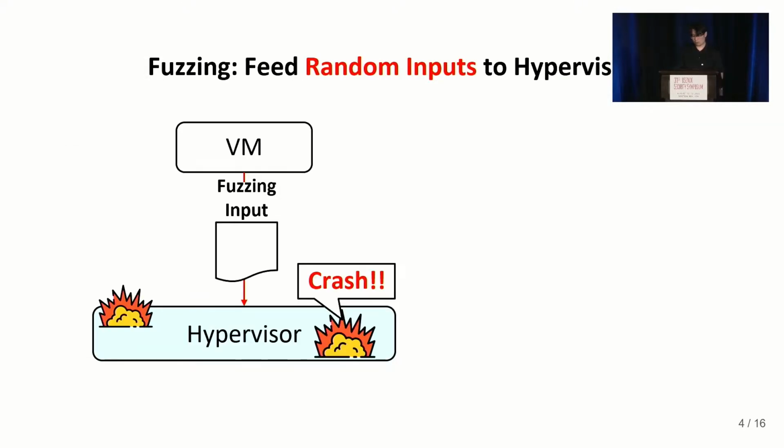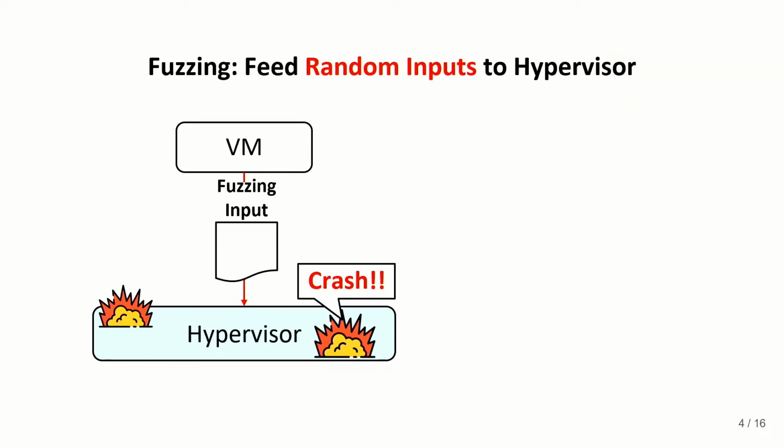One effective way to identify vulnerabilities is fuzzing. Fuzzing keeps generating random input and providing it to a target software. During the fuzzing, it monitors whether abnormal behavior like a crash occurs.